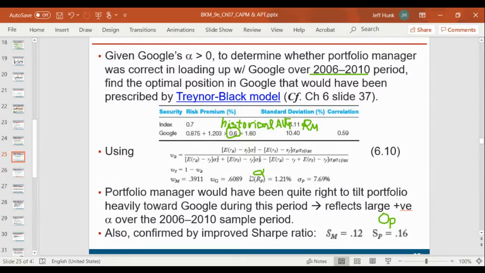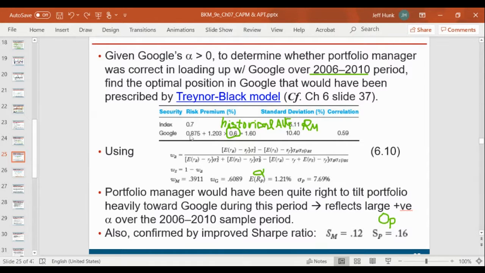Using this formula, we arrive at the weight of the passive portfolio, which is 39.11%, which makes the weight of Google 60.89%.